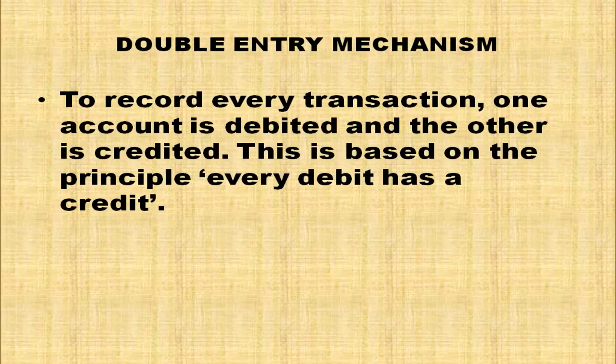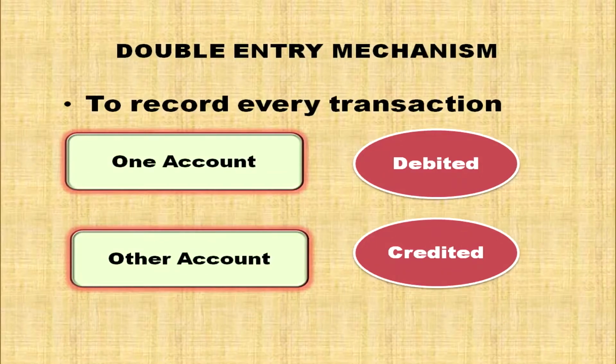In double entry system, to record every transaction, one account is debited and the other account is credited.